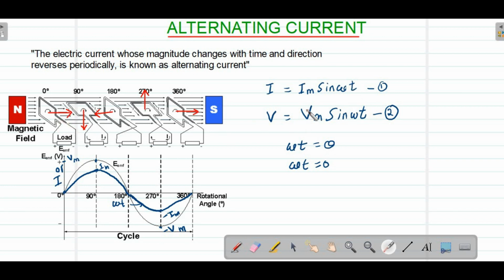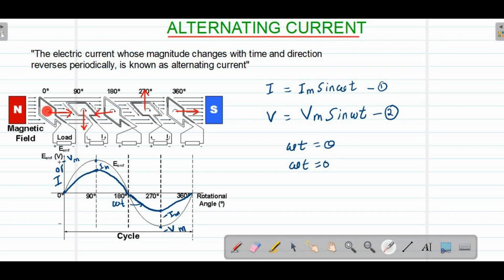Okay, and this value of Vm and Im, that is the peak value of voltage and current, depends on the generator. For a given generator, Vm and Im will be constant. The value of Vm and Im depends upon the number of turns in the armature coil, the area of the coil, the angular velocity of rotation of the coil, and also the material of the core used here.